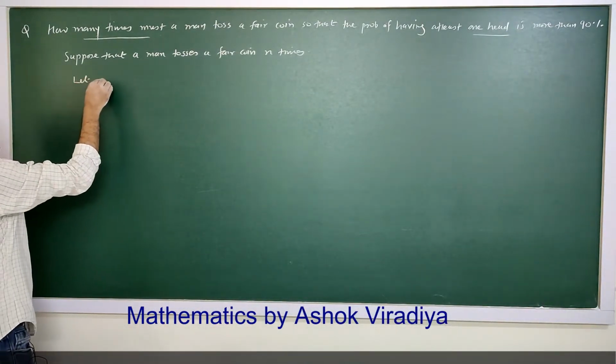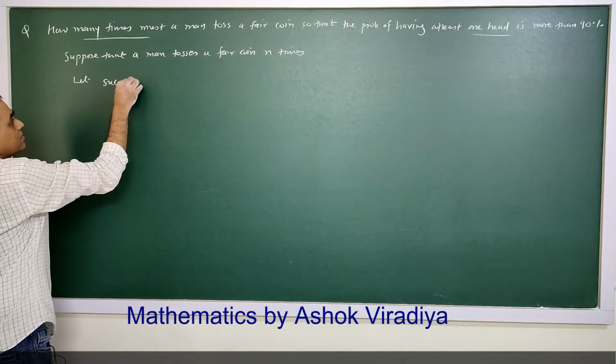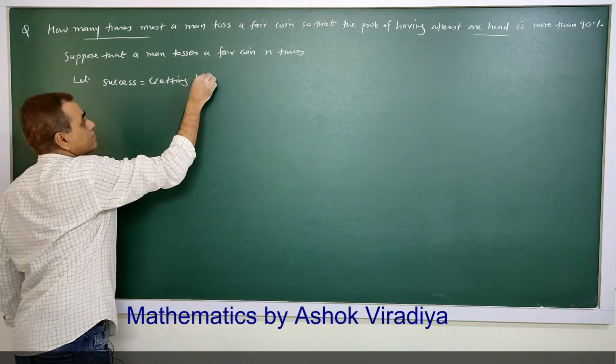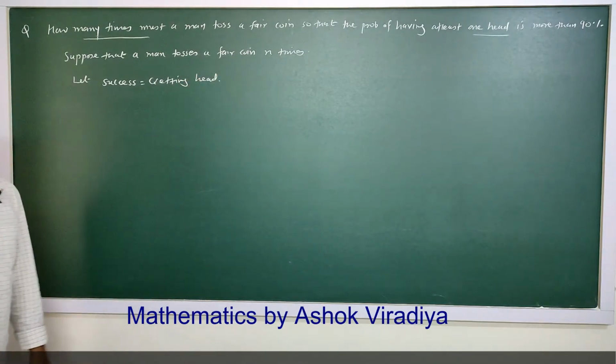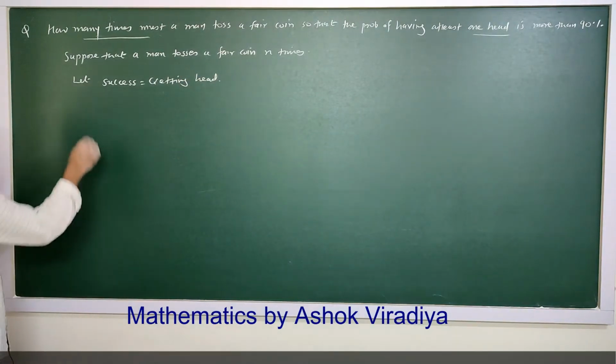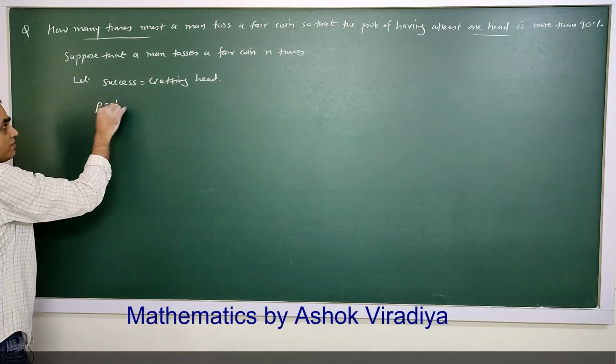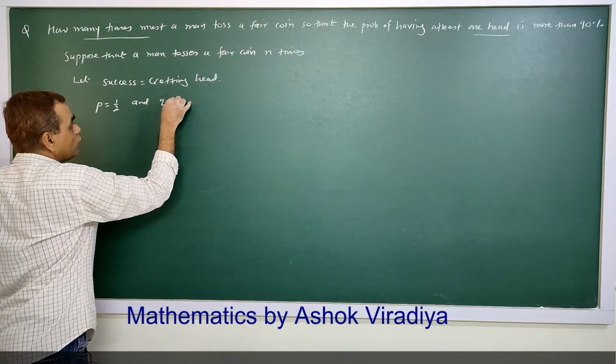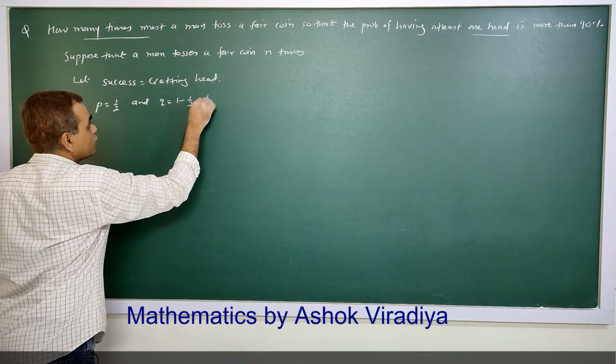Let me take success to mean getting a head. So the probability of success is 1 by 2 and the probability of failure is 1 minus 1 by 2, that is 1 by 2.